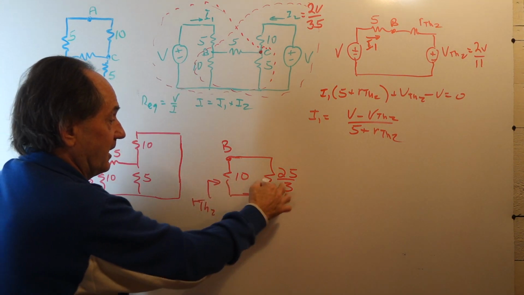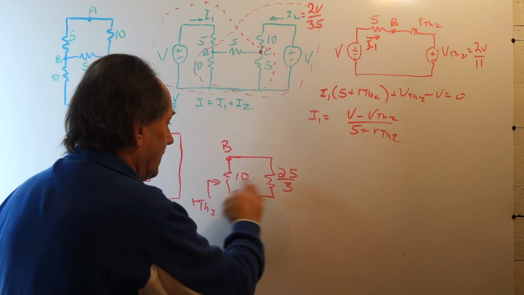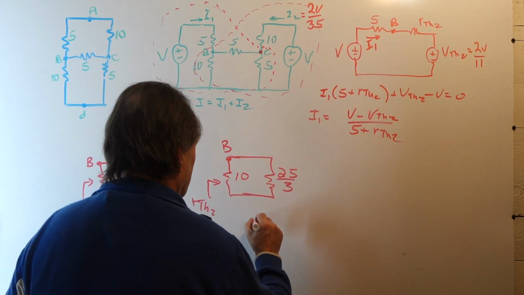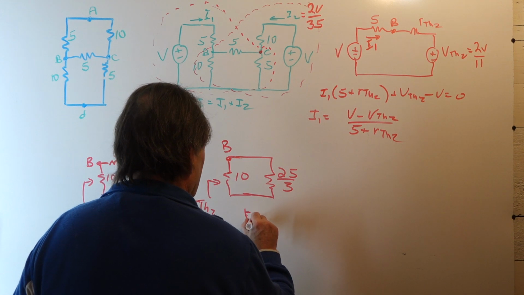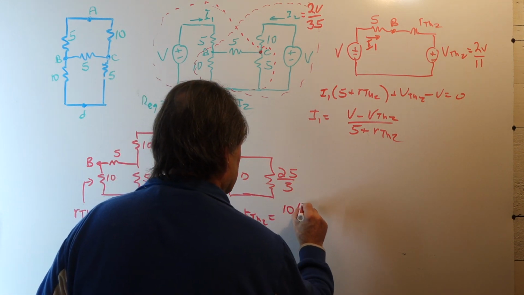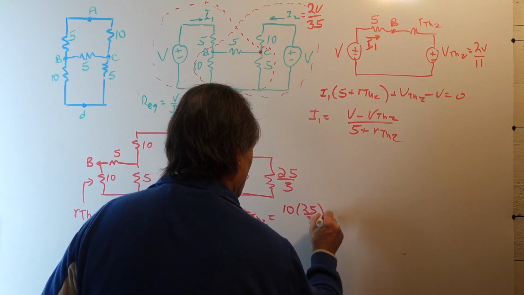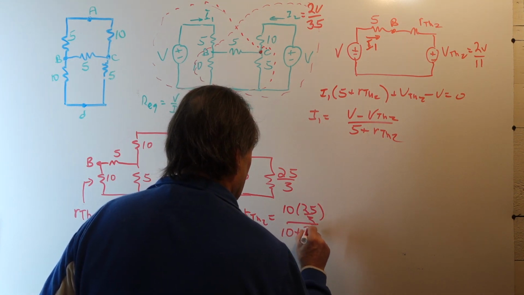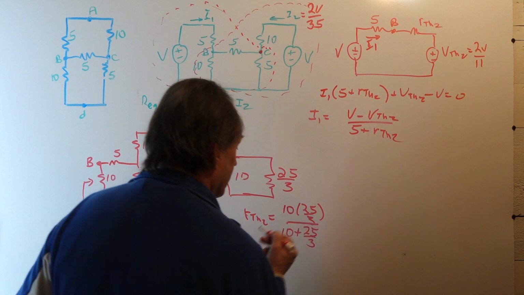And these two are in parallel now. So RTH2 is the product, 10 times 25 over 3, over the sum, 10 plus 25 over 3.